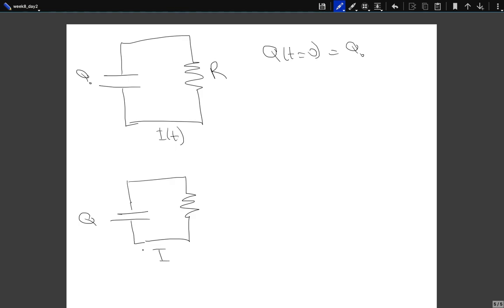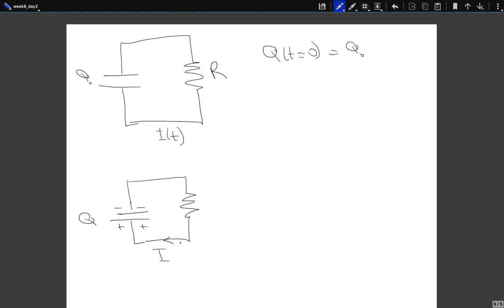Okay, first we have to fix our conventions of the positive charge, positive current, negative charge, negative current. So let's just say that I will choose the charge in the capacitor to be positive if this plate is positively charged, the above plate is negatively charged. That is what I will call a positive charge. And I will call the current positive if it is running in this direction.